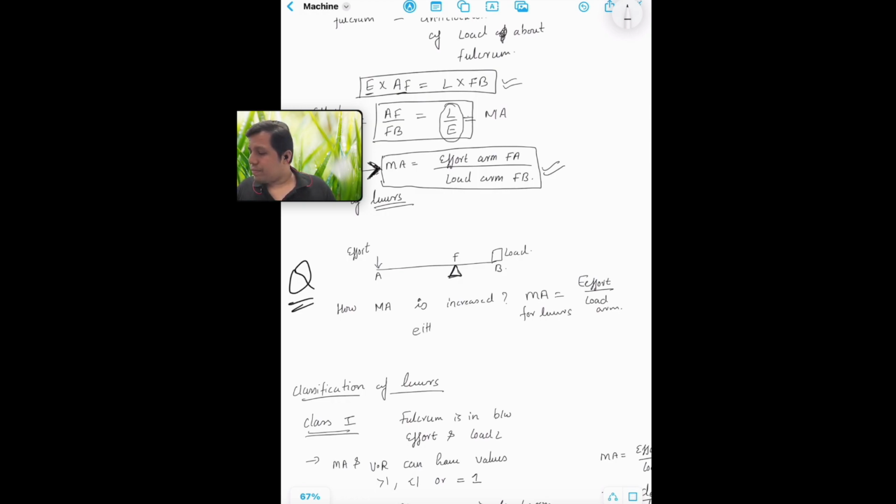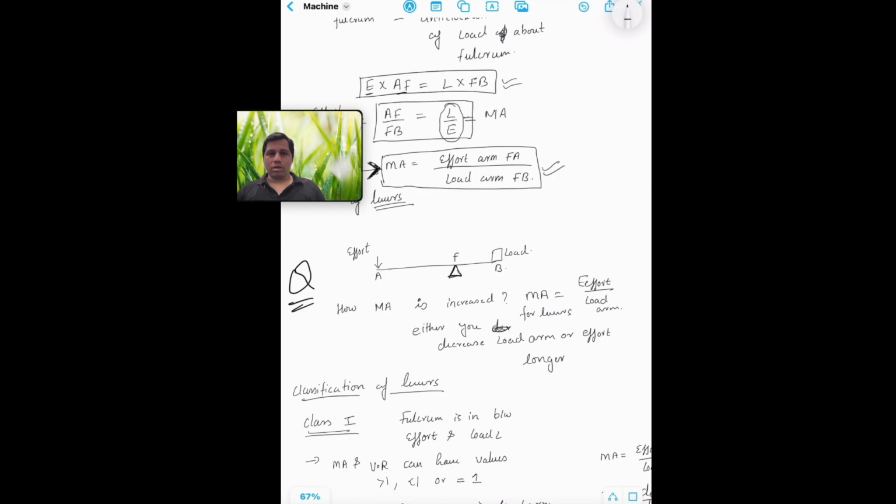Either you decrease the load arm, that is, you make the load arm shorter, or you increase your effort arm, which will also do the same thing. So effort arm longer.